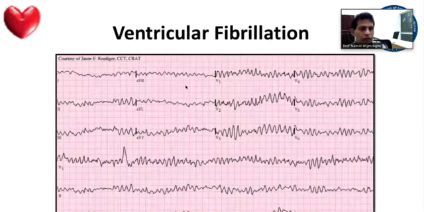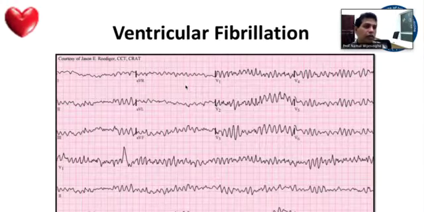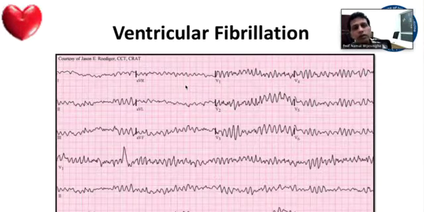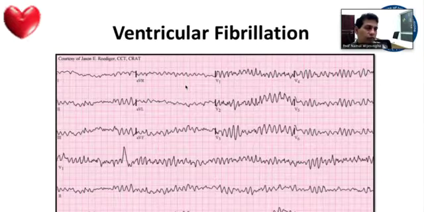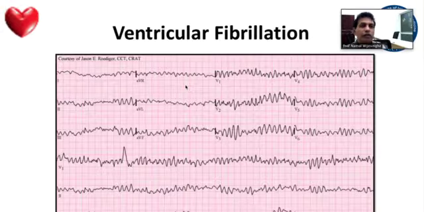Now see, someone has taken this ECG without knowing that the patient has ventricular fibrillation. And you wouldn't do a 12-lead ECG in ventricular fibrillation. As soon as you see this, you have to jump onto the chest and start cardiac massage and give a defibrillatory shock. But at least I have the ECG to show you. This is ventricular fibrillation.